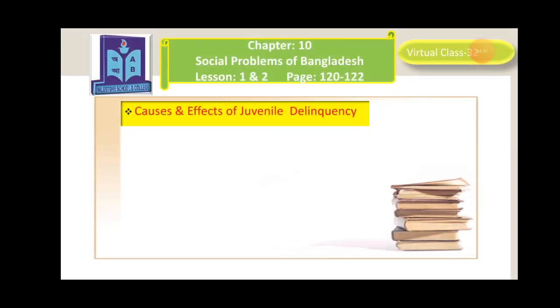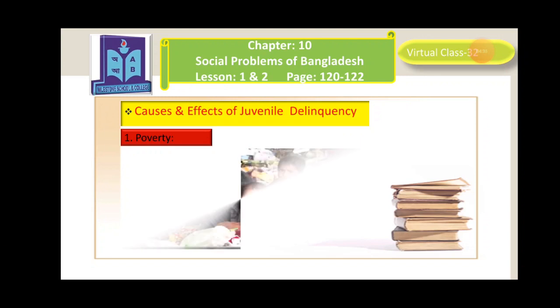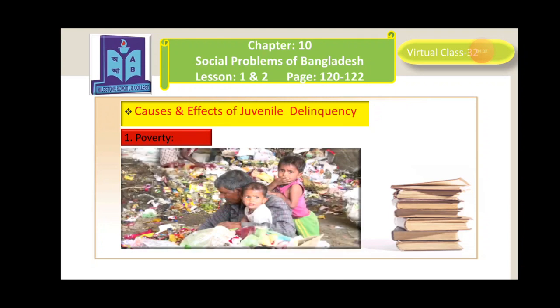The causes are: number 1, poverty. Here you know that the main problem of our country is population. So for this overpopulation, different types of problems are created in our country. There is a saying that poverty turns a good person into a bad one.